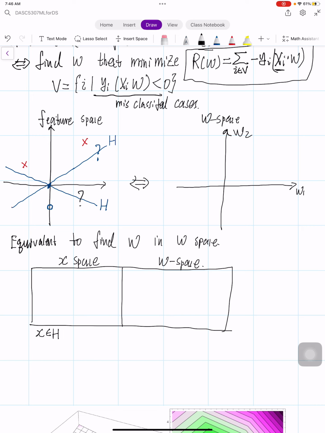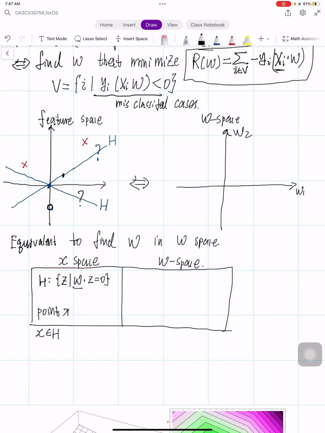In other words, suppose we have the point x here in the xy feature plane. If this x is on the decision boundary, which means h equals all the points where, given an omega perpendicular to this, omega dot x equals 0.